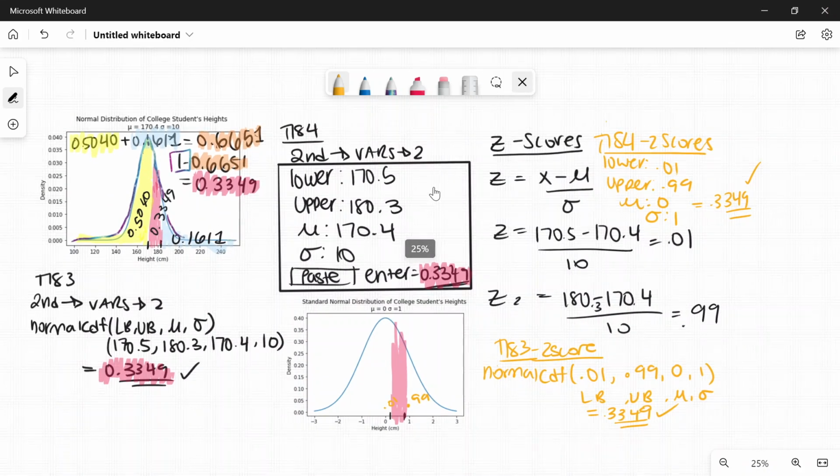All right, so that's it for today. That's using z-scores with a standard normal distribution, which is kind of the way that College Board wants you to do it. So in summary, to answer these types of questions, you would have to draw out the graph, label it using a capital N, mention your mu and your sigma. In this case, it would have been N(170.4, 10).